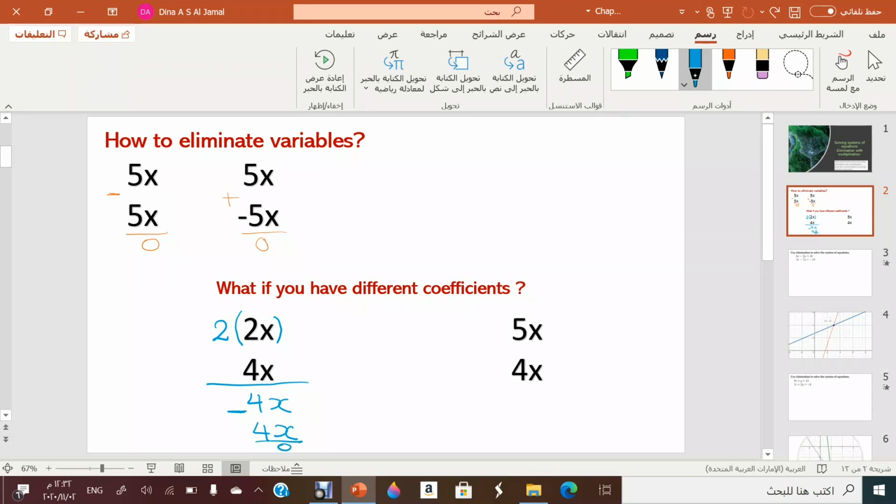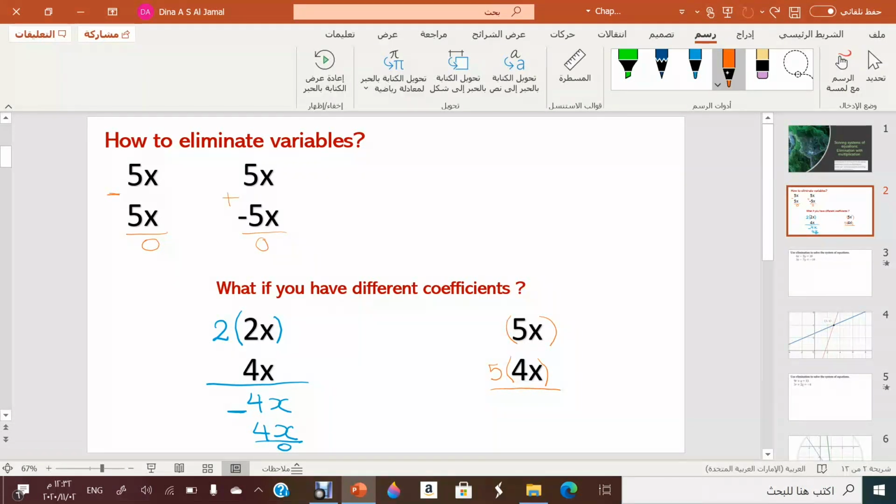Now let's focus on this question. 5x and 4x. How can you eliminate them? How can you make them 0? You have different coefficients and you don't have any relationship between the 5 and the 4. So in general, whenever you do not have any relationship between the two coefficients, what you need to do is take each number and multiply it by the other.